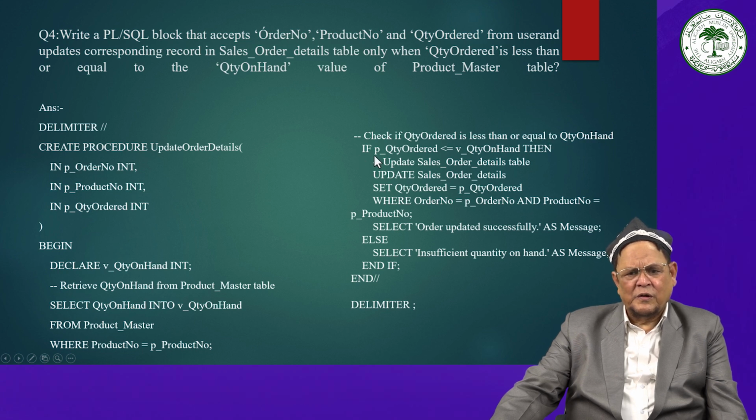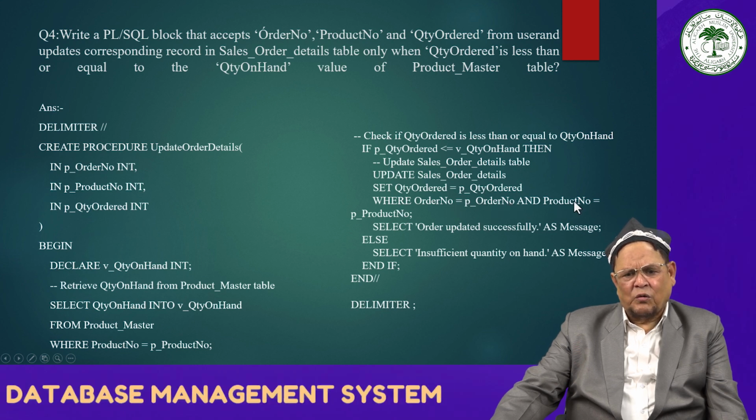So what will we do? If p_quantity_order is less than or equal to v_quantity_on_hand, then update sales_order_details, set quantity_order equal to p_quantity_order, where order is p_order and product_number is equal to p_product_number.